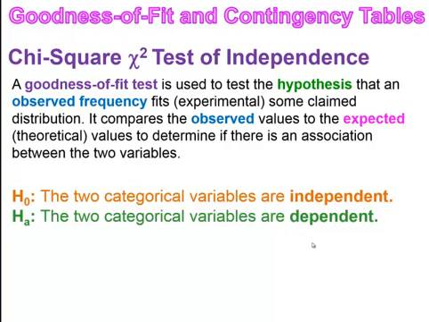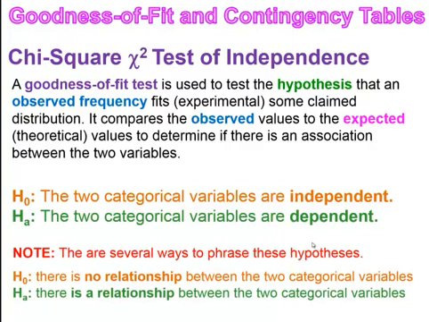So when we're testing for independence, whether the two categorical values are independent or they are dependent. Another way that we might see the statement would be that there's no relationship between the categories or there is a relationship between the categories. So it's either independent or dependent, no relationship, or there is a relationship.